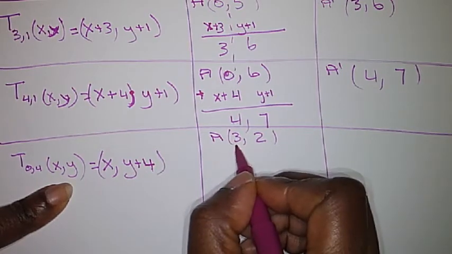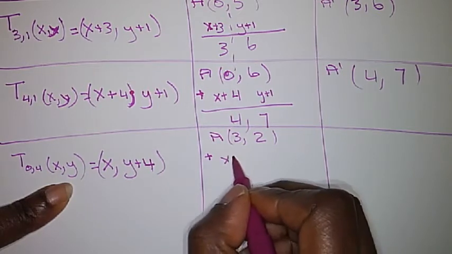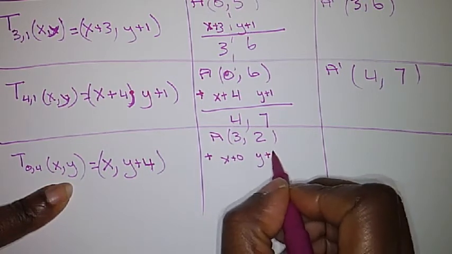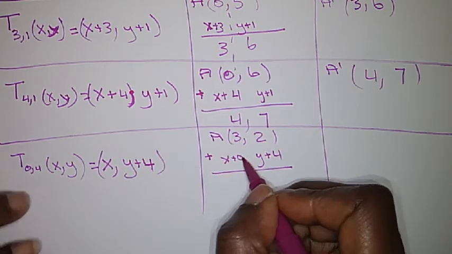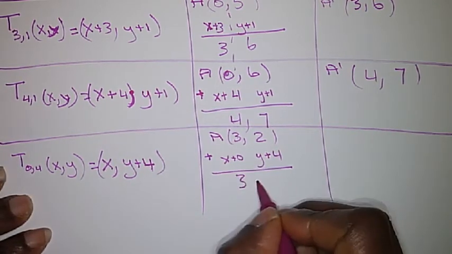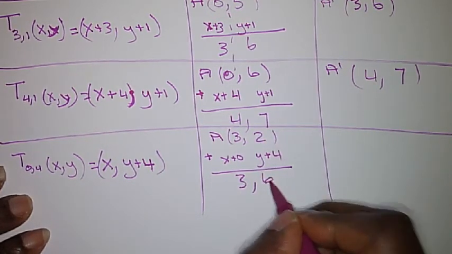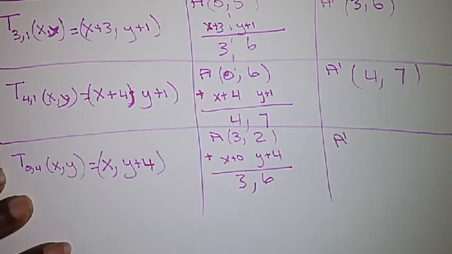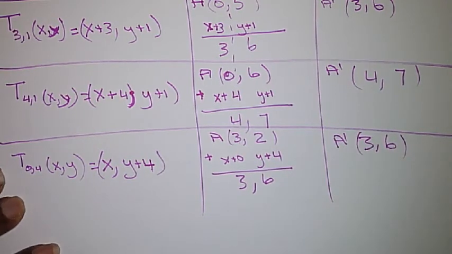So my X, I add 0 to X, and my Y, I add 4 to my Y. So 3 plus 0, that's 3. 4 plus 2, that's 6. So my image for 3, 2 is 3, 6.